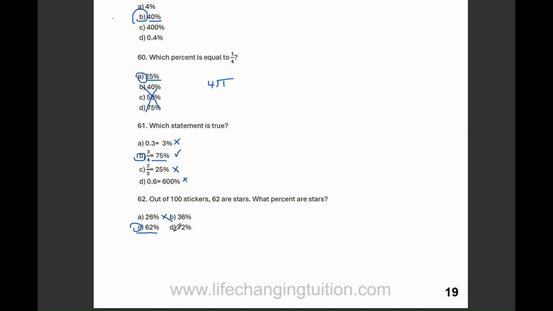Only C matches the out of 100 phrasing. Answer: C, 62%. Formula/working: percent equals part over whole times 100 equals 62 over 100 times 100 equals 62%.